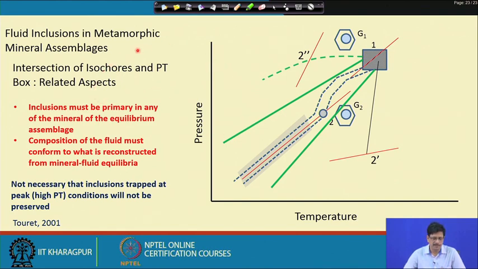It is very obvious that if we see a particular assemblage of minerals, and if we could establish that this is an equilibrium assemblage corresponding to a particular pressure temperature condition, then we could always look for the minerals within this assemblage in which we could study fluid inclusions.